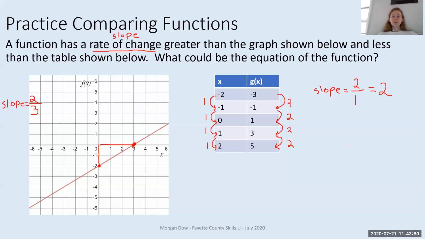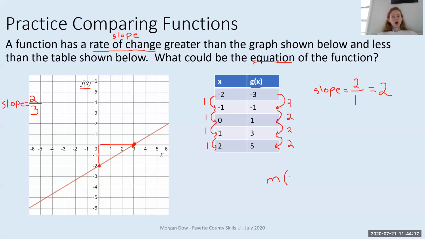Okay, so this means that we want to create a linear equation that has a slope between 2/3 and 2. Our first function was called f of x. Our second function was called g of x. Let's call our function m of x.